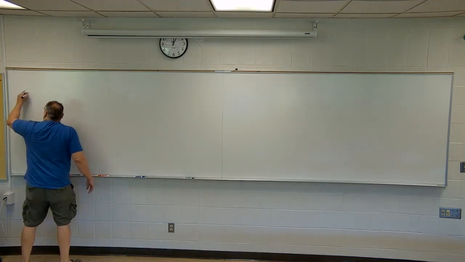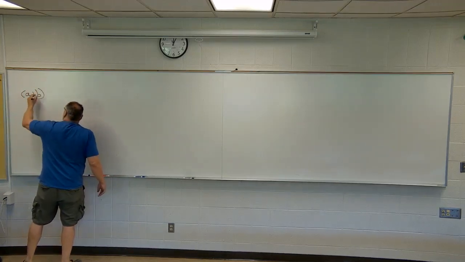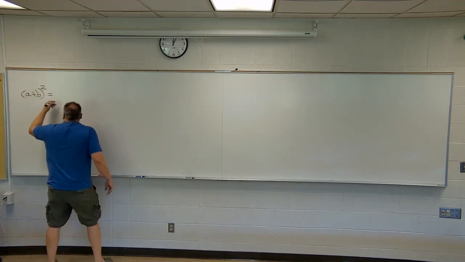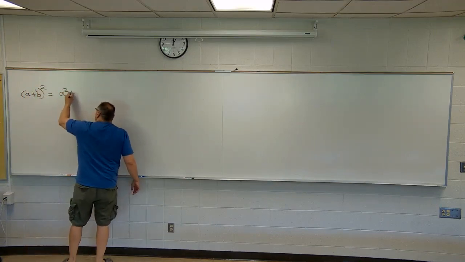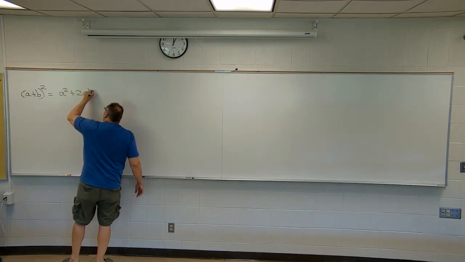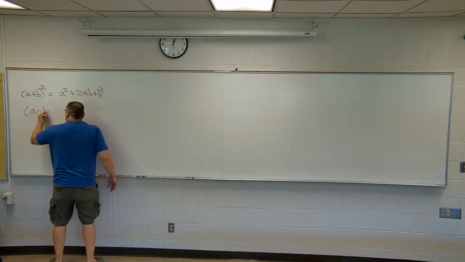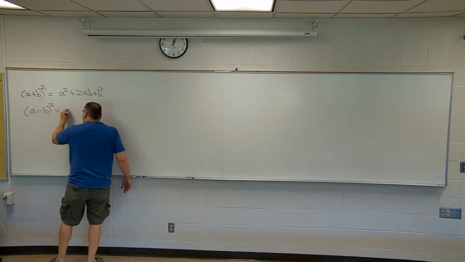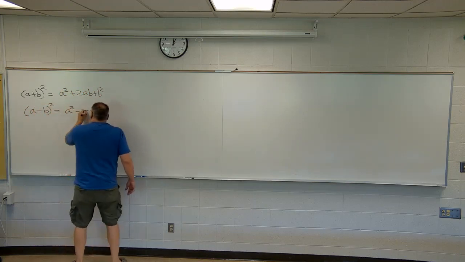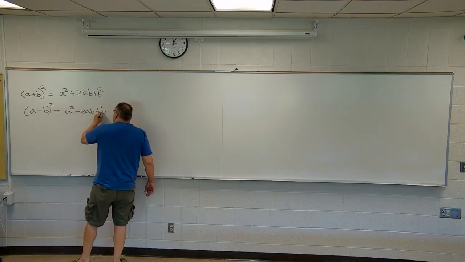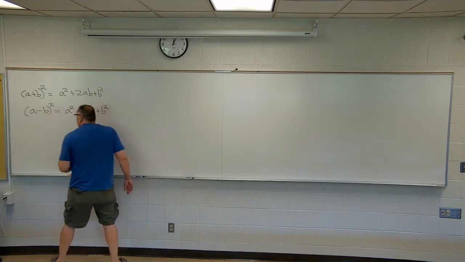If you had something like the quantity a plus b squared, when you grind it out with the FOIL method, it's generally going to look like this. And when you have the quantity a minus b squared and you grind it out, it's generally going to look like this.